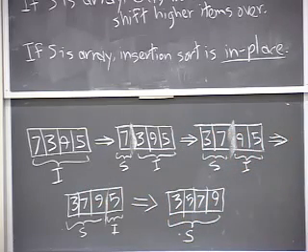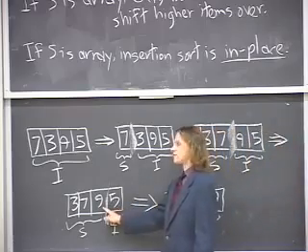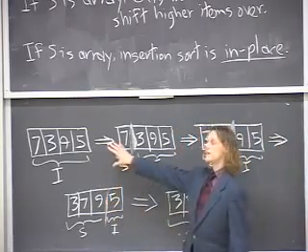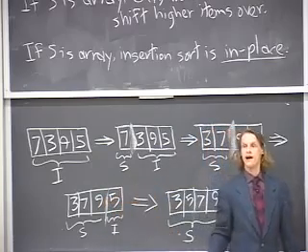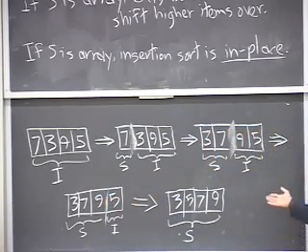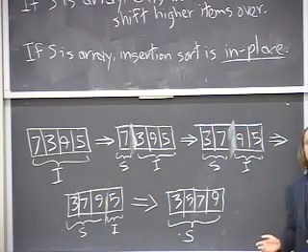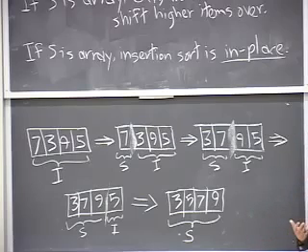Now, because you're walking backward from the end of the sorted list, if you start with a list that's already sorted, it's going to take linear time to just verify that it's already sorted. The insertion steps don't take linear time anymore. Each insertion step takes constant time because the numbers are already sorted.